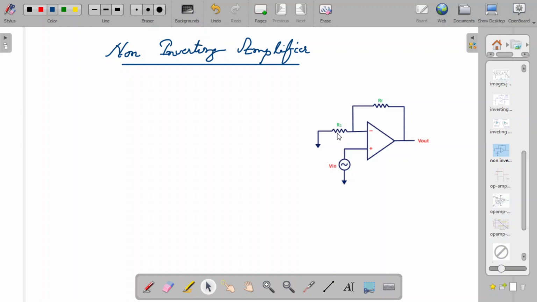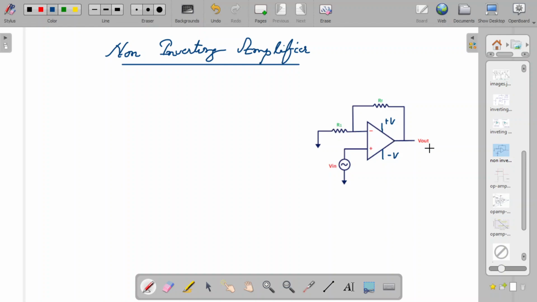Okay, and the resistance R1 is connected the same way as in the previous inverting amplifier case, but the only thing is that you don't give a signal at the inverting terminal. Signal is only given at the non-inverting terminal. Then as in the previous case, you have the voltage plus V connected here, and the minus V voltage connected at these two terminals.